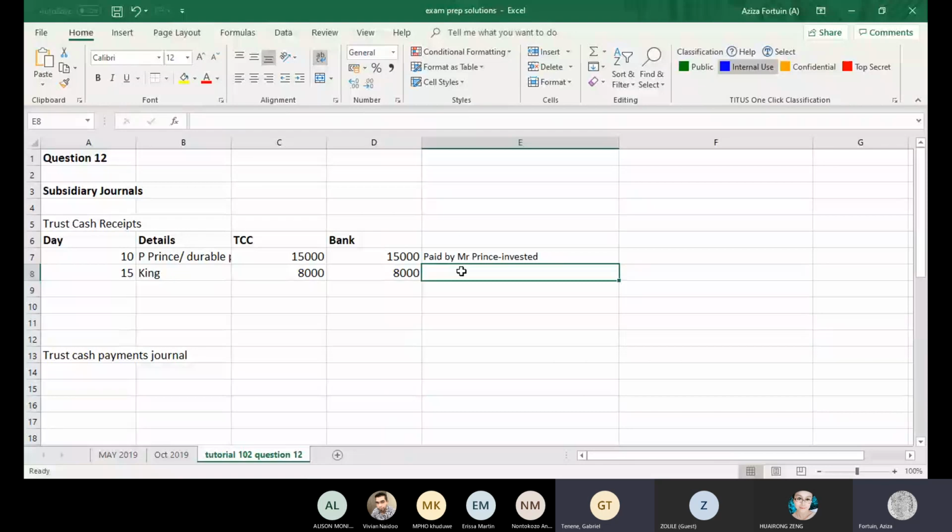Aziza, am I wrong to say the 15,000 that we received, we debited the trust bank. Now we've got to credit the trust bank and also record in the trust cash payments journal, because now the money is going to another bank for investment. Yes, correct. I agree.